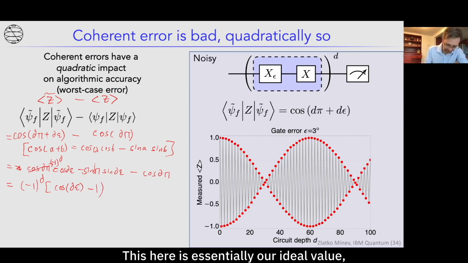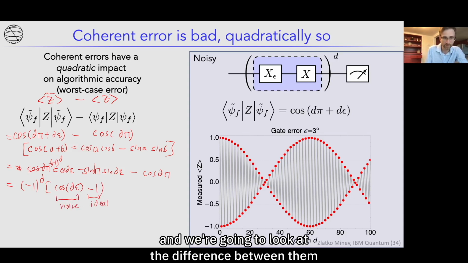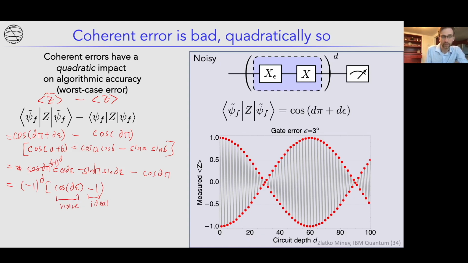Okay, this here is essentially our ideal value, and this is our noise. And we're going to look at the difference between them to first order.